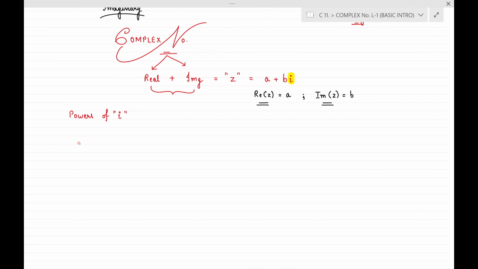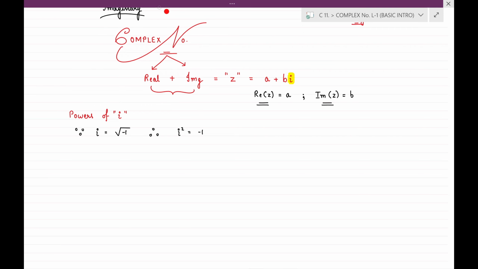Now for powers of iota, since we know that iota is equal to under root minus 1. So therefore, on squaring both sides, we get the value of iota square as minus 1.